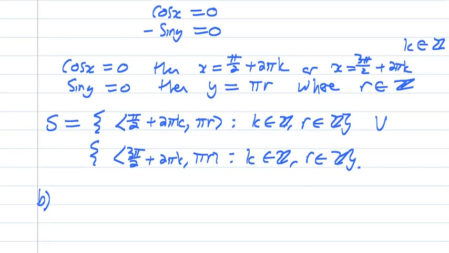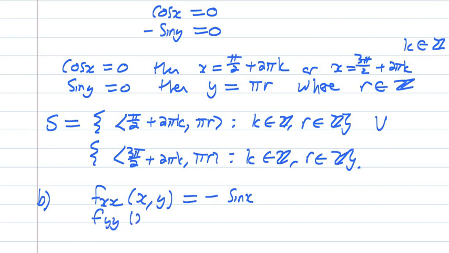First, let's write down the second derivatives. f partial double x works out to be minus sine x. f partial double y, I hope you agree, is minus cos y. And the mixed second order partial evaluates to 0.